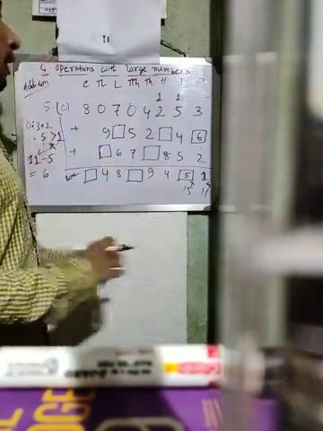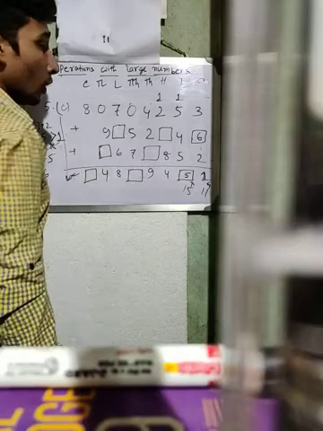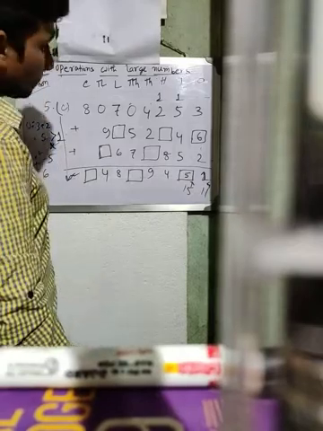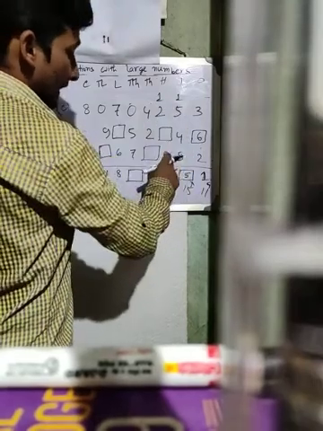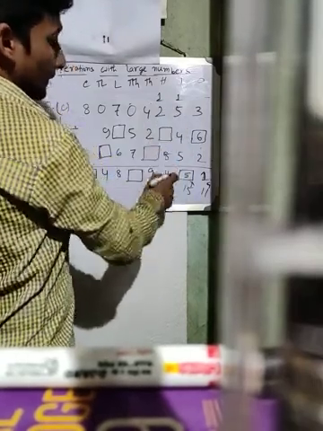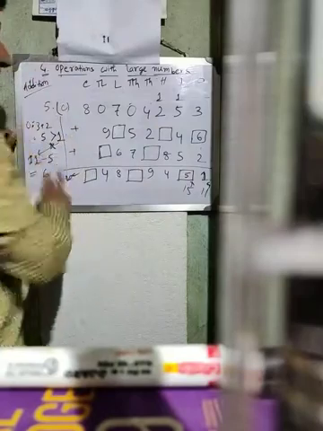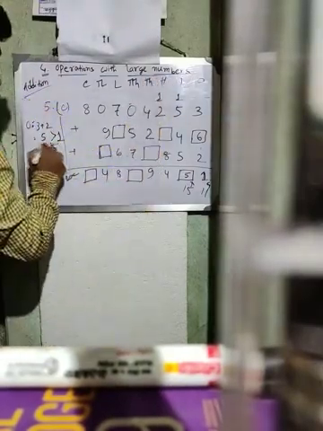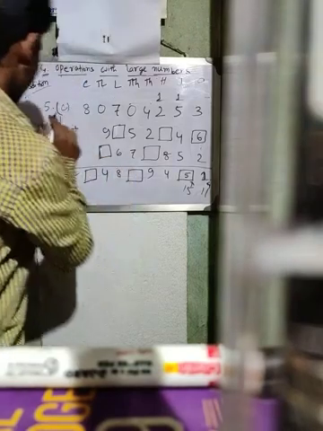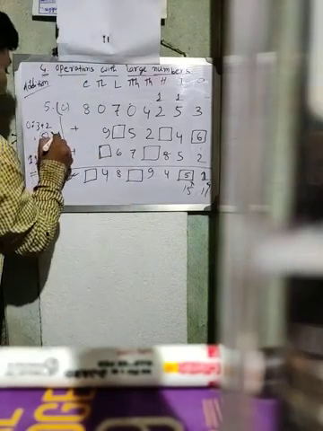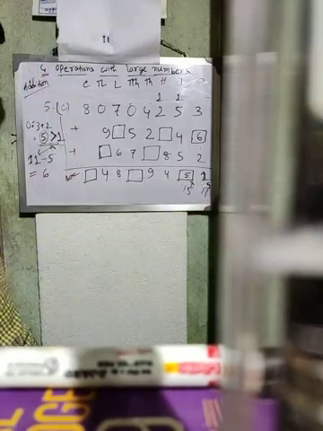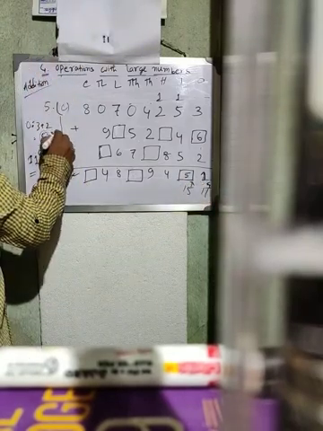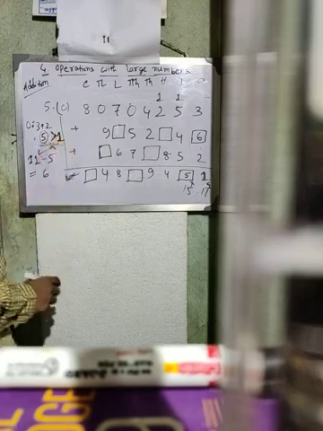Okay, now you add this. This is empty. Same process. Now compare the 100 place. Remember this. Once again, if this addition is greater than this result, then you have to add this with 10.